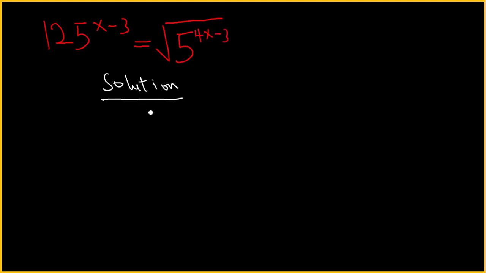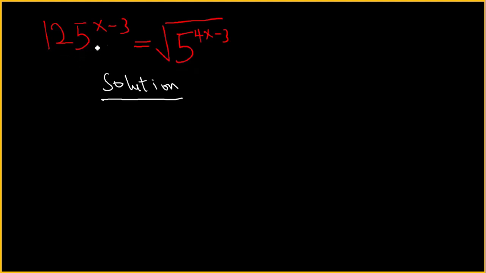So with what we have over here, we are going to resolve this into the smaller or the smallest base, and we have 5 as a base, we have 125 as a base.